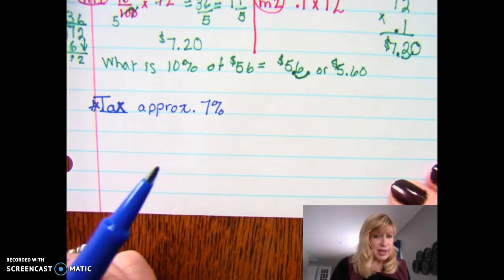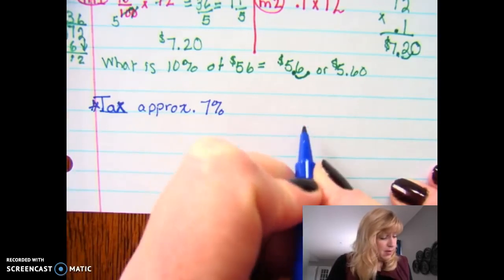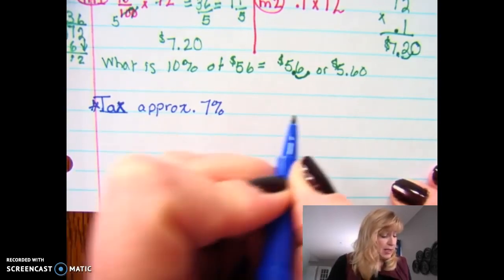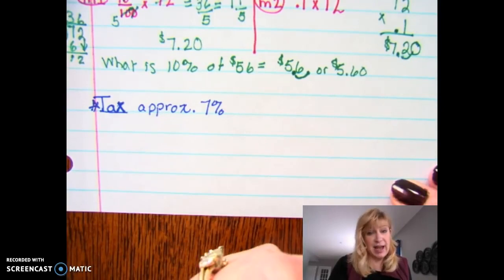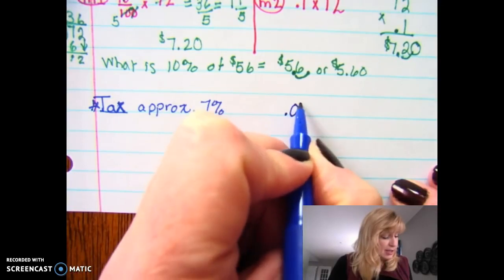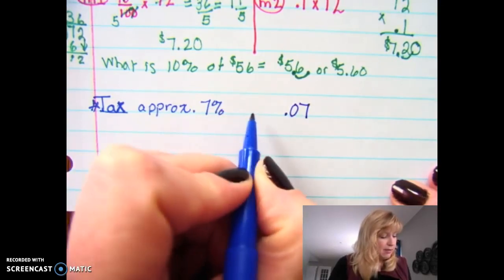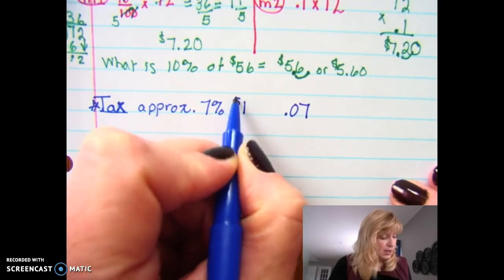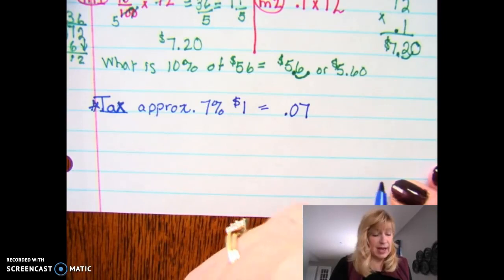If you go to the dollar store and you buy one item and you spend $1 on it, there is a 7% tax, which means that, and we're going to convert this to a decimal, for every $1 that you spend there, so if I spend $1, you pay 7 cents in tax.